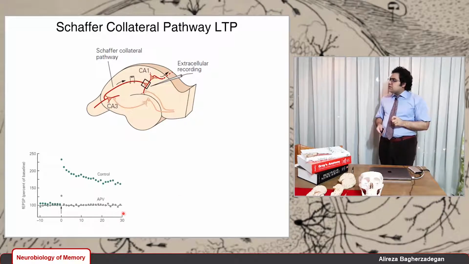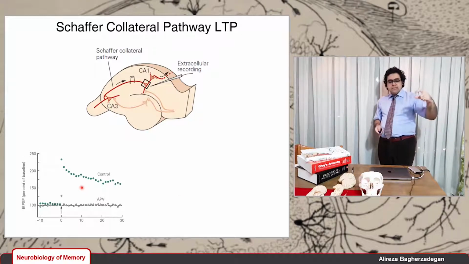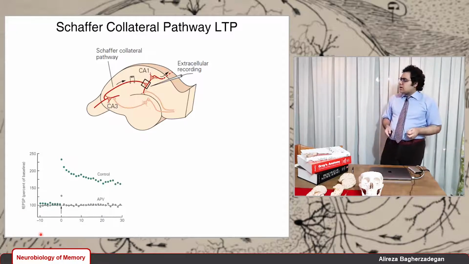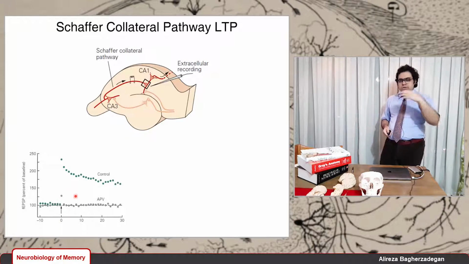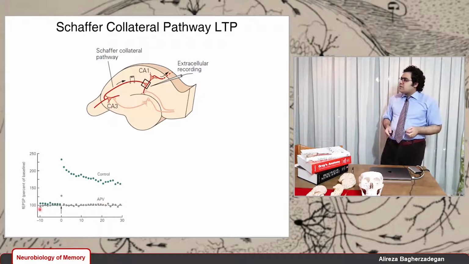But APV is an antagonist. It means that it prevents the glutamate from binding to that NMDA receptor. So by doing that, it inhibits the NMDA receptors. It doesn't allow the NMDA receptors to be activated and to allow the ions to flow. So when we apply APV to this synapse, we have no long-term potentiation.